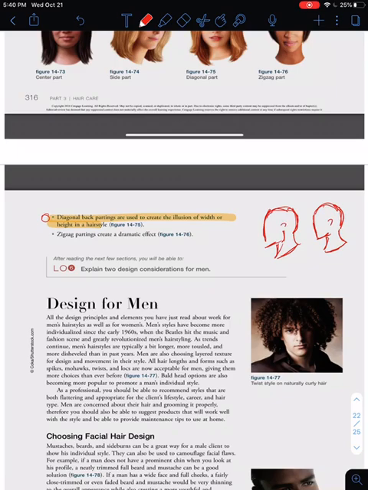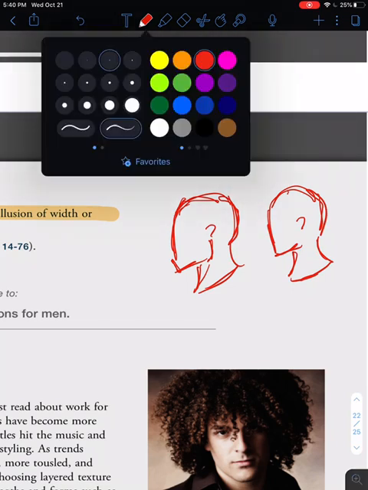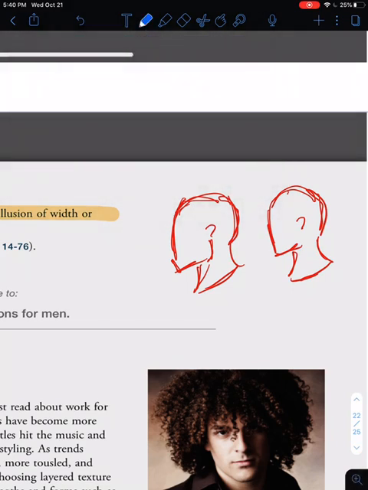Here's an ear. I'm going to zoom in a little bit on this one. Let's change the color. So, when I say diagonal back, it is going this direction on the head. Okay? Diagonal back.